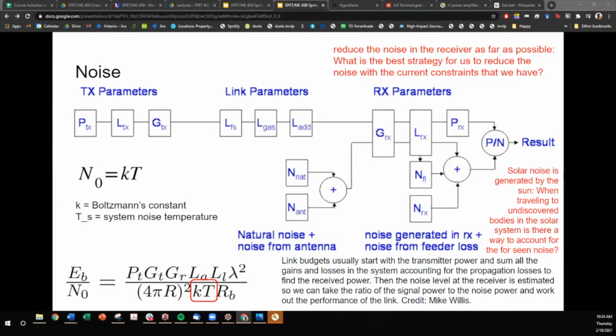But that's only if that frequency is distinct and far away from the actual signal that you want to measure. But let's say that your sun or solar noise is at the same frequency as your observed signal of interest. I don't know what you can really do about that other than post-processing.